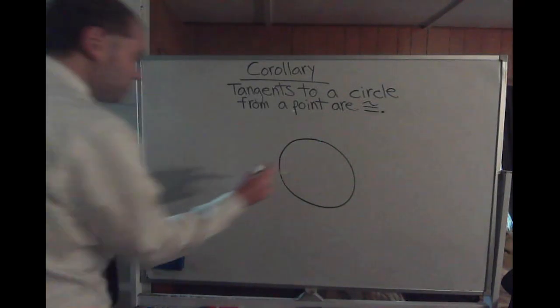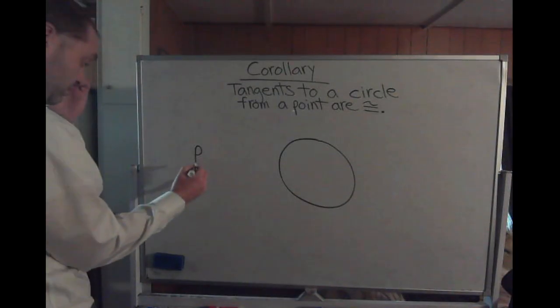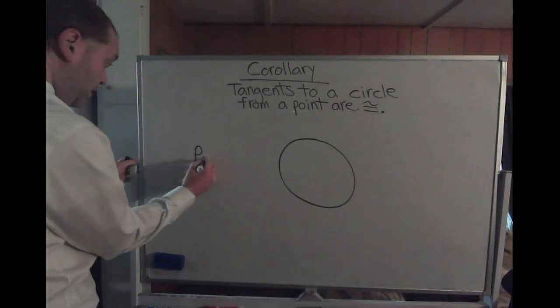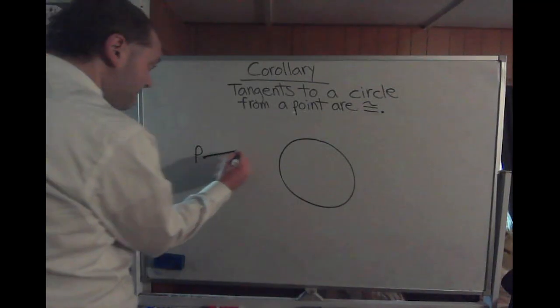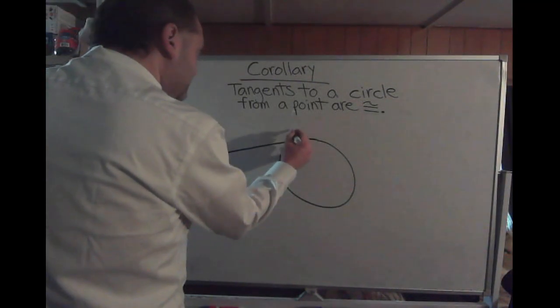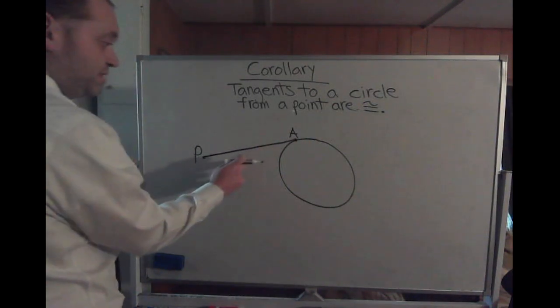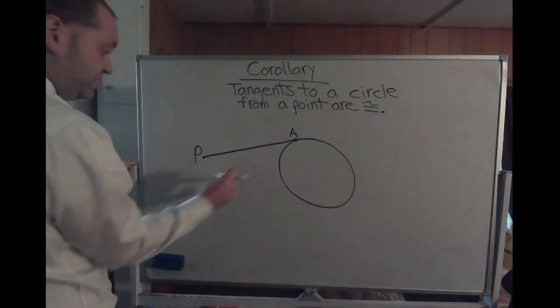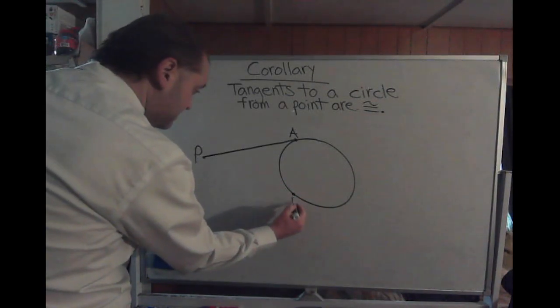Okay, so here's our circle. Here's point P, where the tangents start. Here's point A on the circle, where you could say that PA is actually tangent to the circle. And then we'll draw to a point B on the circle.